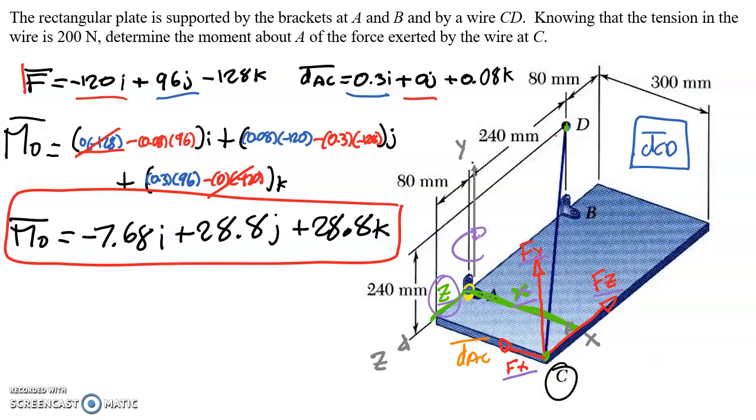Well, the combination of force C and distance X. That means this force of minus 128 times this distance of 0.3 meters is going to create a moment that goes like this. At the end, these two are going to be bigger than the last one, so they're going counterclockwise, creating a positive result.